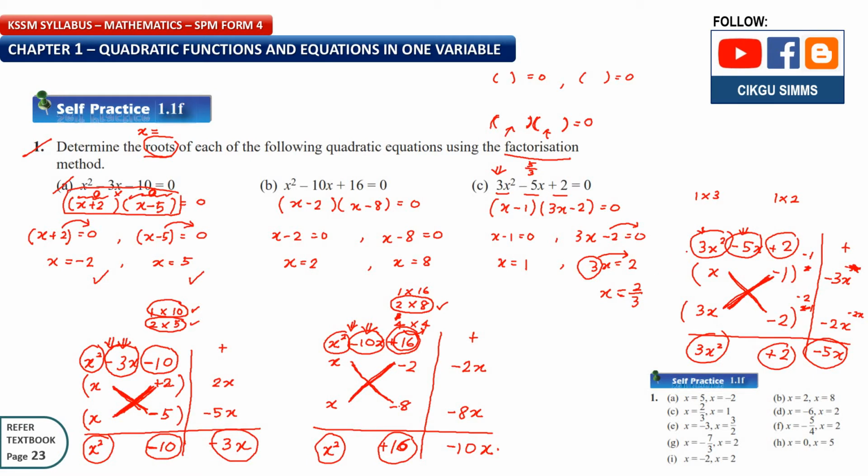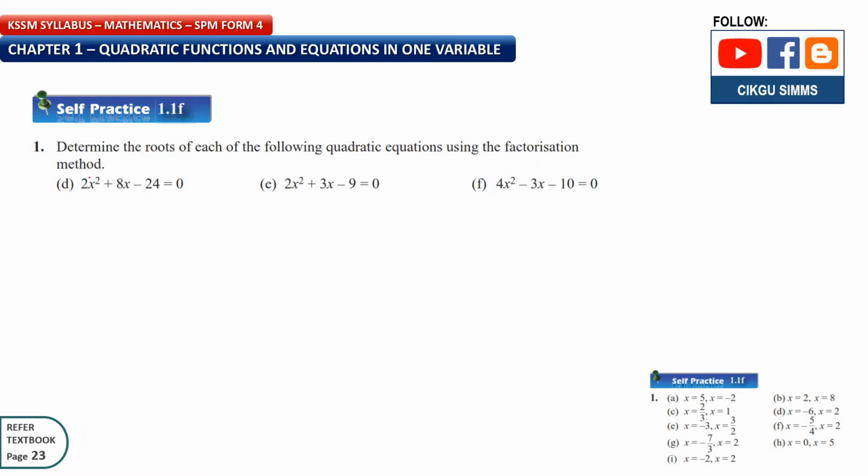Okay, so let's move on to question D. Okay, so this one also, your A is not 1, so you can check if I divide everything by 2, are they divisible by 2? So yes, if yes, I can bring the 2 out. Okay, that means I put a 2, bracket.